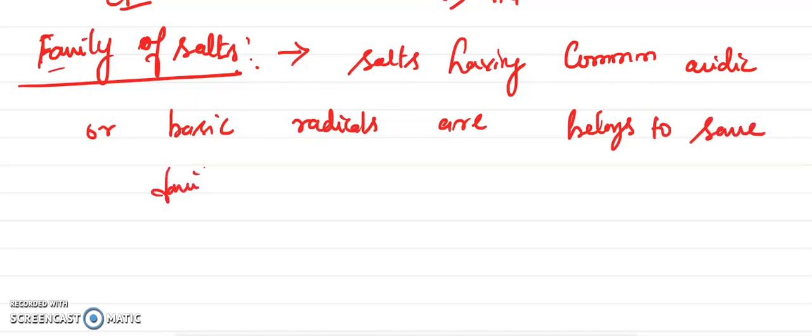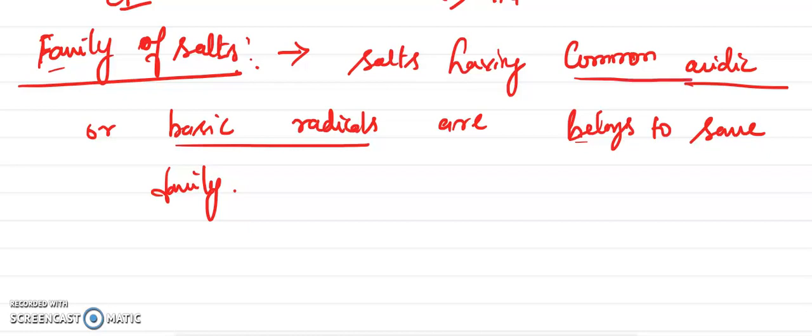This is what a family of salt is: salts having a common acidic radical or basic radical that belongs to the particular salt.